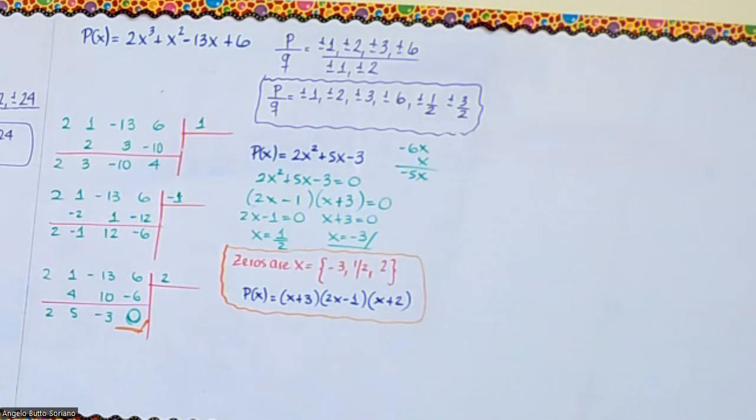When I said find the zeros of the function, in other words, try to solve for x. And the factor form means x plus 3 times 2x minus 1 times x plus 2. Why x plus 2? Because when x equals 2, the derivation located over there and the third one, the remainder, is supposed to be equal to 0.